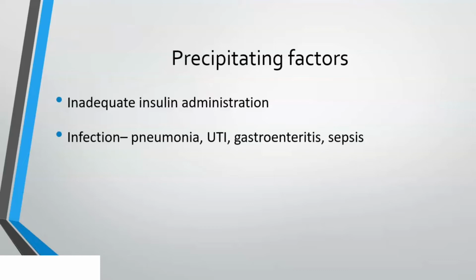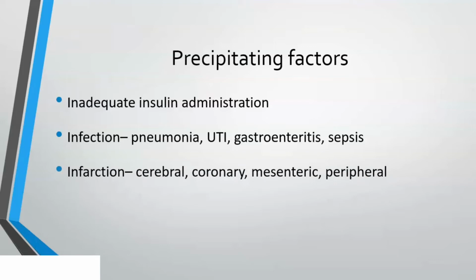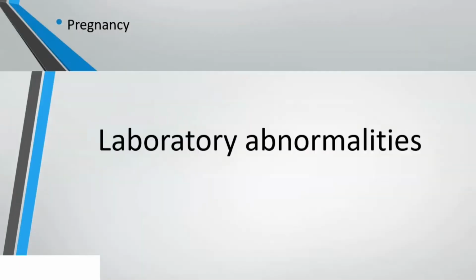Infections of any sort, pneumonia, urinary tract infection, gastroenteritis, sepsis, infections from any foci can predispose a person living with diabetes to DKA. Infarction, cerebral infarction, coronary infarction, this is a stroke, the heart attack, mesenteric infarction are also predisposing factors. Drugs, cocaine has been identified as a predisposing factor, and pregnancy also is a predisposing factor to DKA.